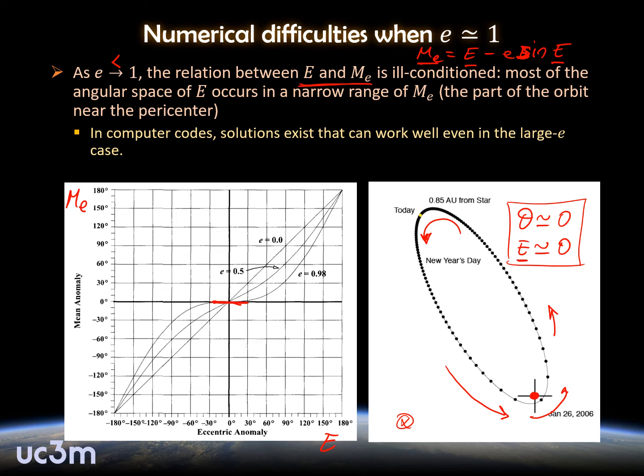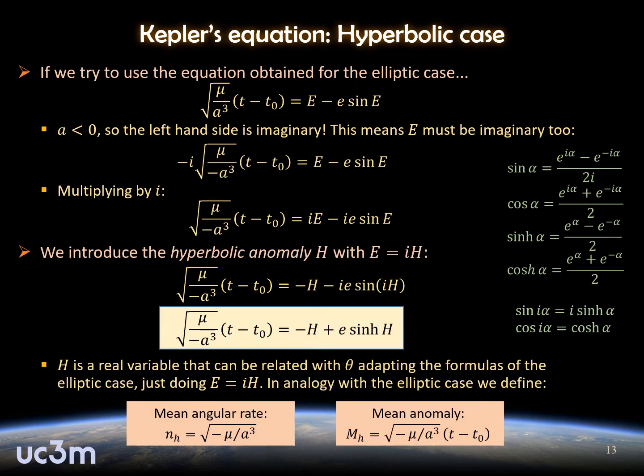And in actuality, what people do in numerical codes is to use other variables and other schemes to solve the problem than these ones when we are close to these high eccentricity orbits.